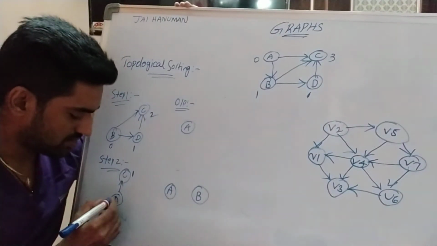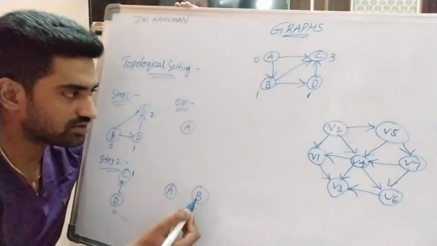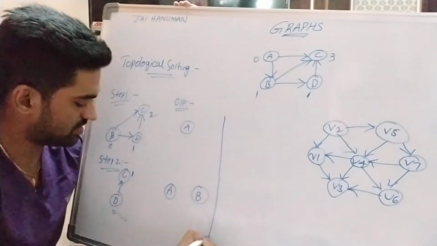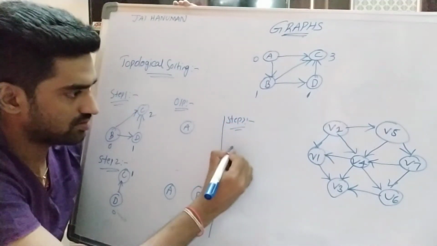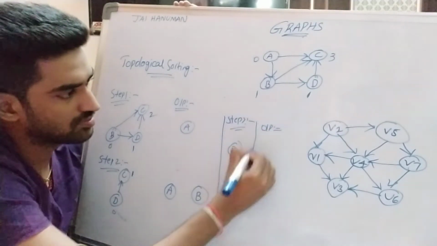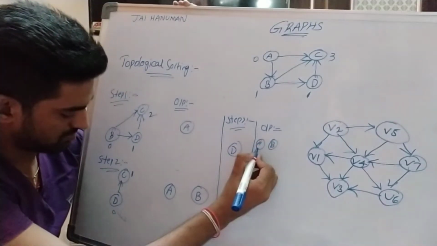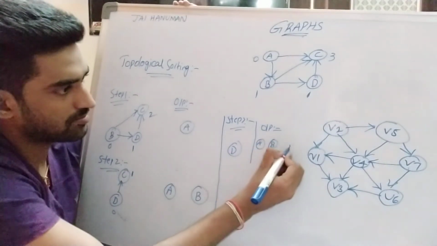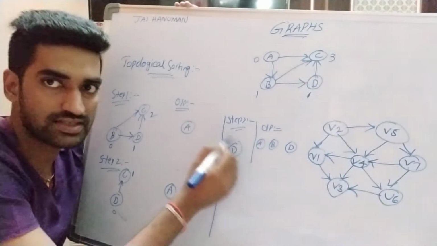So vertex D is removed from the graph and added to the output. Now the graph becomes C, and the output becomes A, B, D.